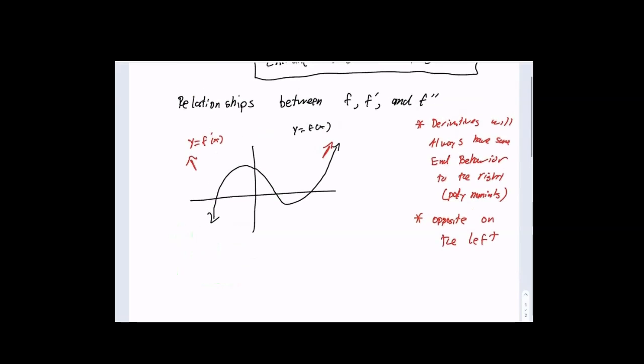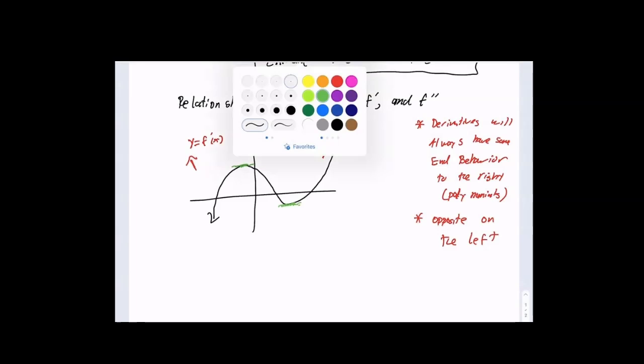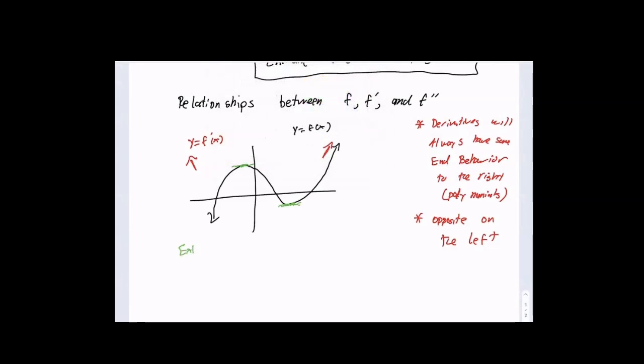Now, because this is a function, we always want to look at extrema. If we notice, this graph has a relative extrema here and a relative extrema here. So it should always be noted that relative extremas are zeros for the derivative.